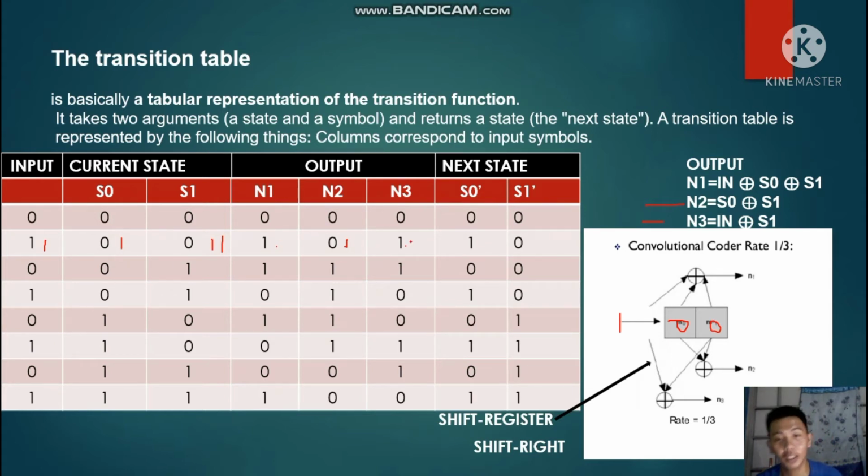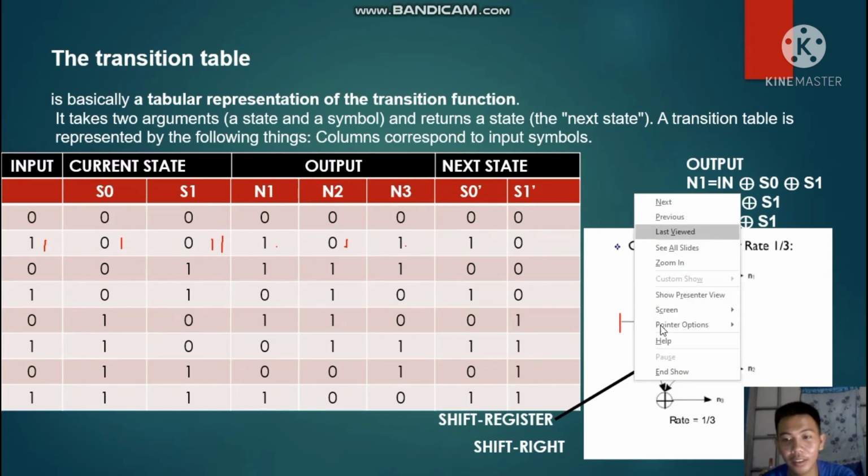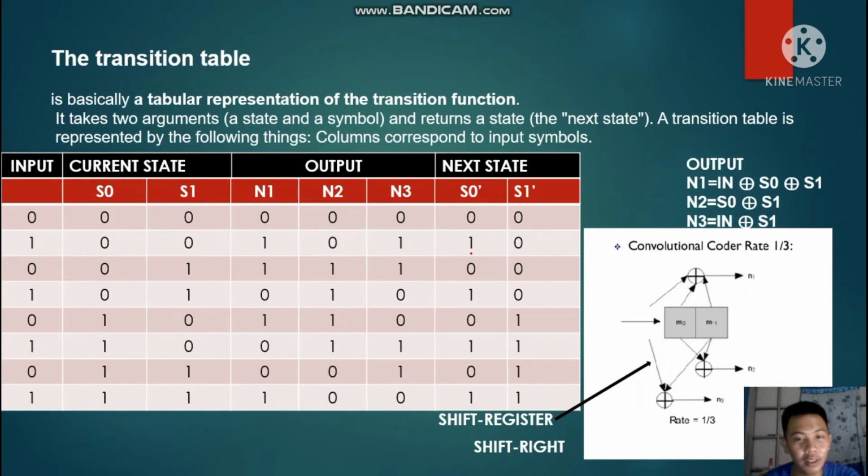So for next state, we have from current state S0 of 0, S1 of 0, and we have an input 1. So our next state is shift right. So this bit will shift to the right, and this bit will shift to the right.